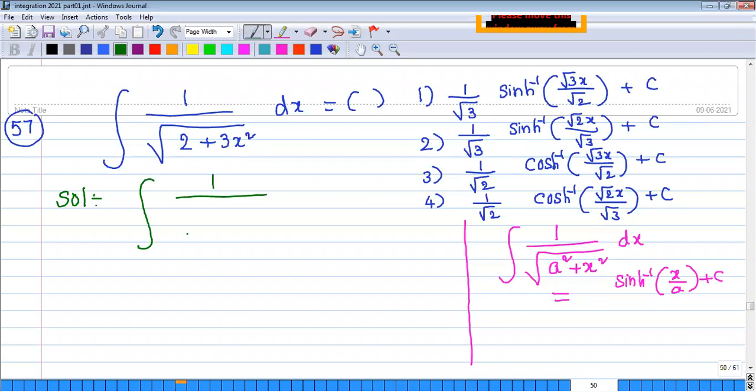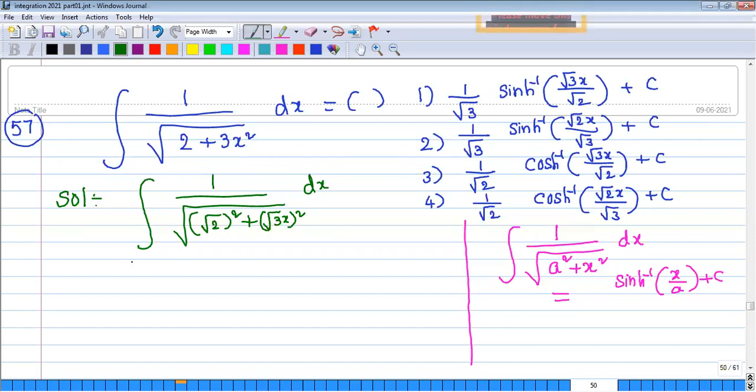Integral 1 upon under root of 2 can be written perfectly as root 2 whole square, plus 3x square can be written as root 3x whole square, dx. Let us imagine it is in the form of 1 upon root of a square plus x square.